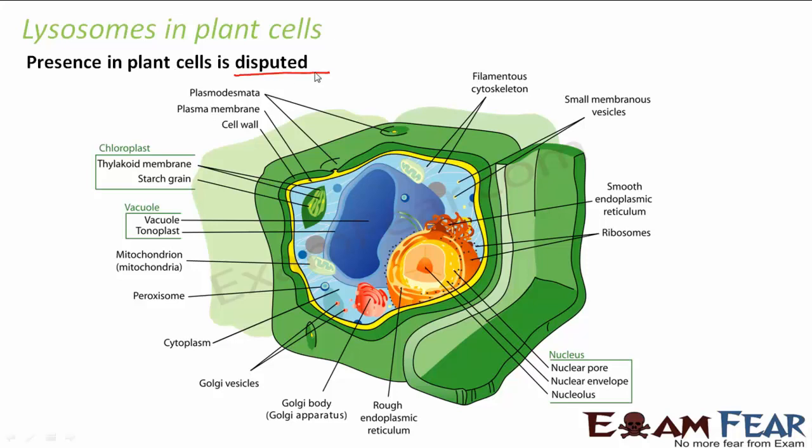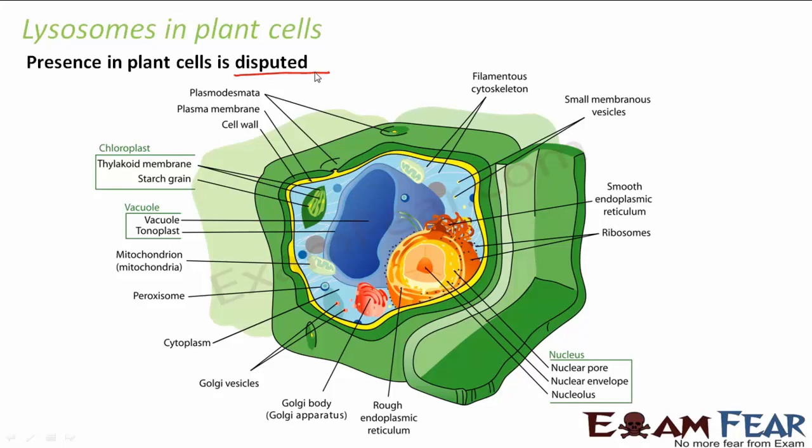That means most of the scientists have told that lysosomes are not present inside a plant cell. The functions of a lysosome are performed by a vacuole in a plant cell. That is the opinion of many of the scientists. On the other hand, there are certain scientists who say that lysosomes do exist in plant cells. So we are not very sure whether they exist or not.